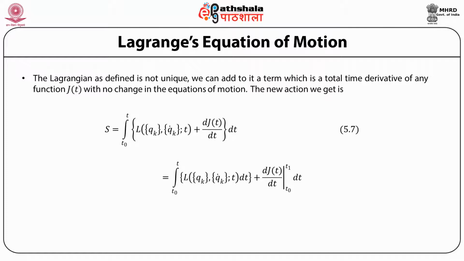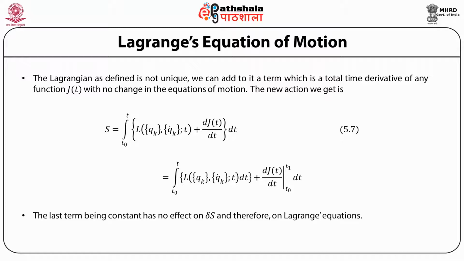We can, for example, write the action S as the integral of L plus the time derivative of some function J. That is, S can be written as the integral over dt of L plus dJ/dt, which is equal to the integral from t naught to t of the Lagrangian plus the function J of t evaluated between t naught and t.